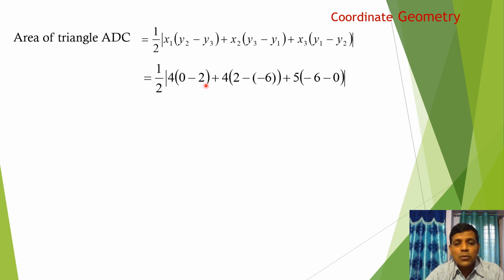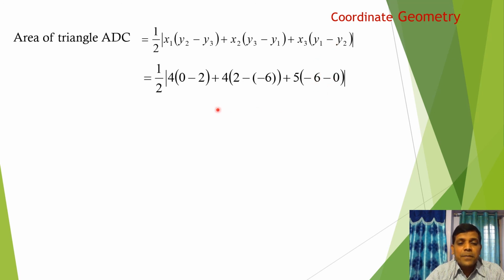Plus x2 means 4, y3 minus y1, 2 minus of minus 6. Plus x3 means 5, y1 minus y2, minus 6 minus 0.